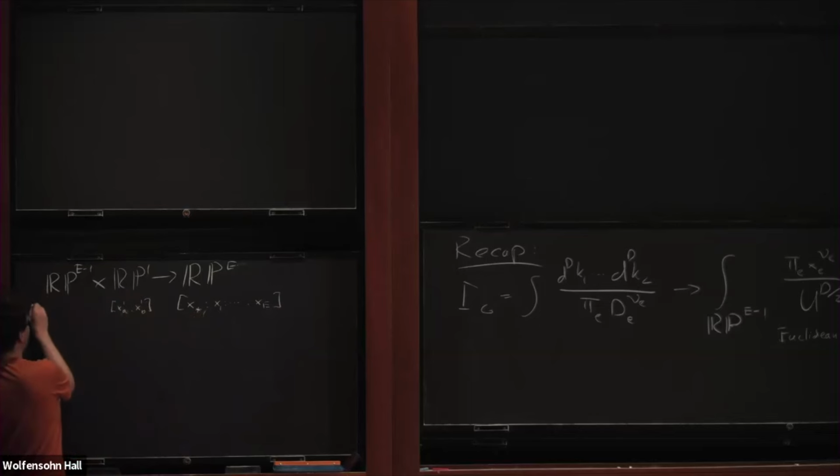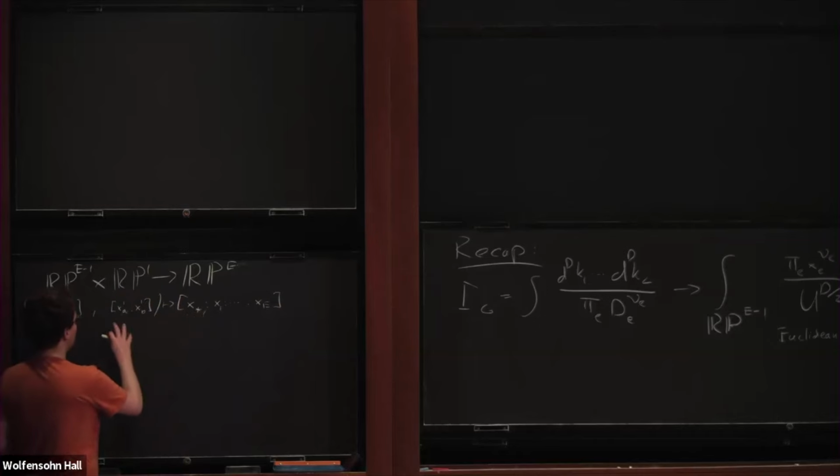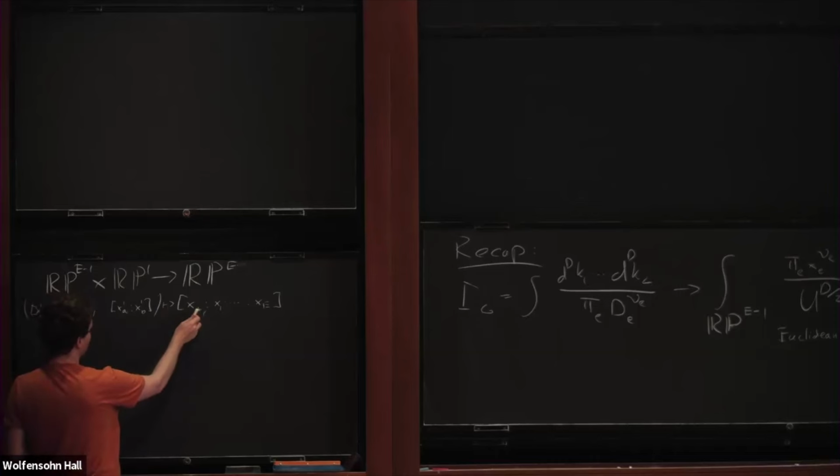And here we have the old edge variables, Schwinger variables. And we use this extra information here to just rescale this x star parameter.